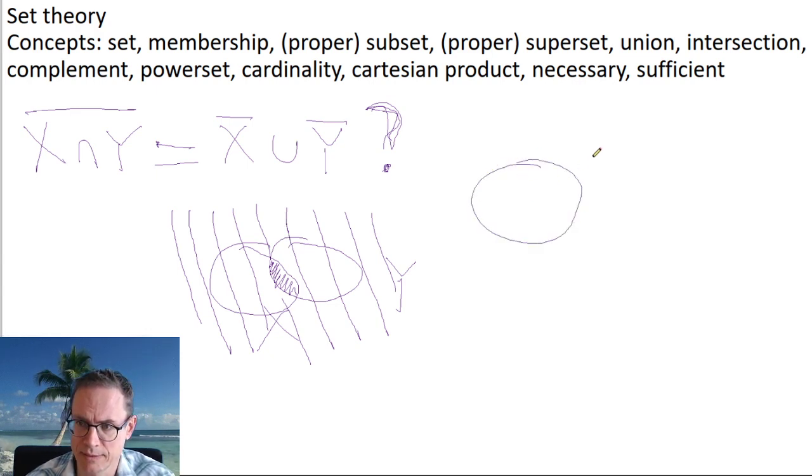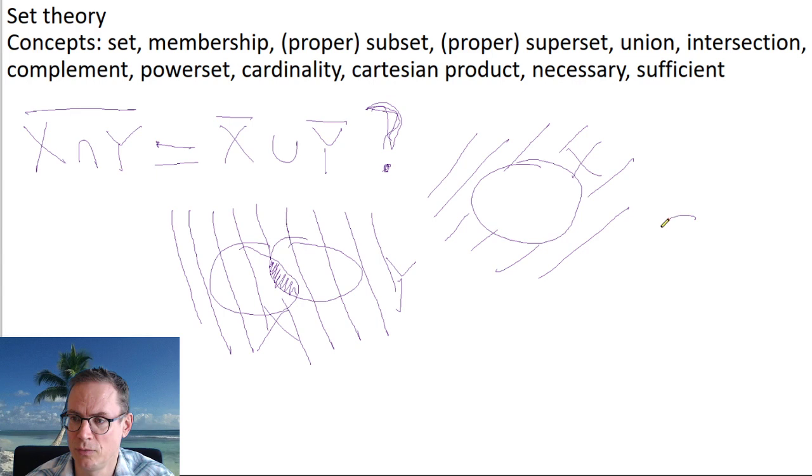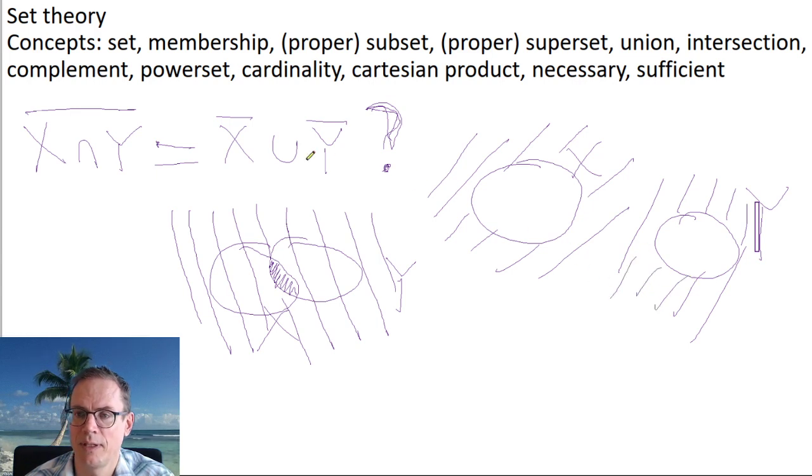So first we draw X again, and we take the complement of X. Okay. So far so good. Now we draw Y, and we take the complement of Y, and now we take the union of those two. Well, there's a little bit of overlap we saw.